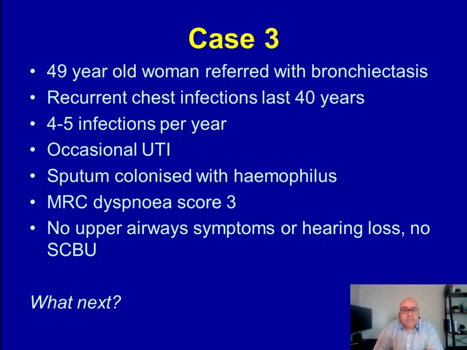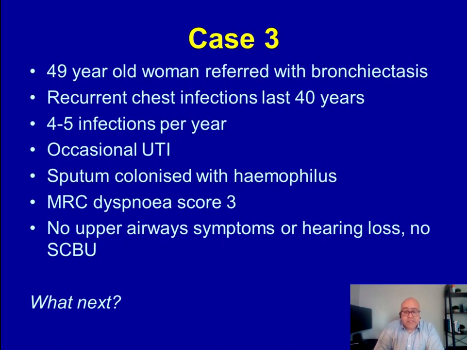The next case is a 49-year-old woman who's been referred with bronchiectasis with a history of recurrent chest infections over the last 40 years. She usually has about 4 or 5 infections per year, but also of interest has an occasional urinary tract infection.